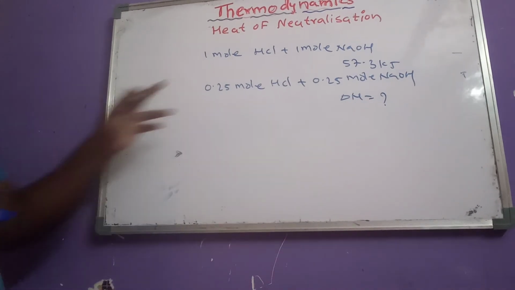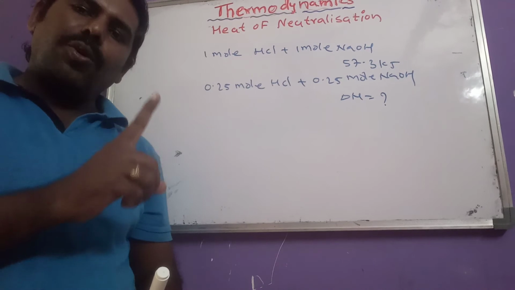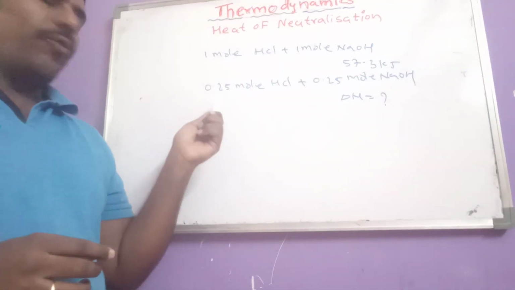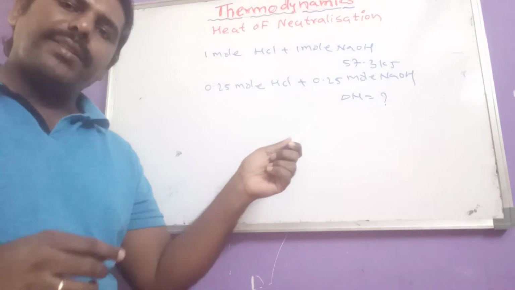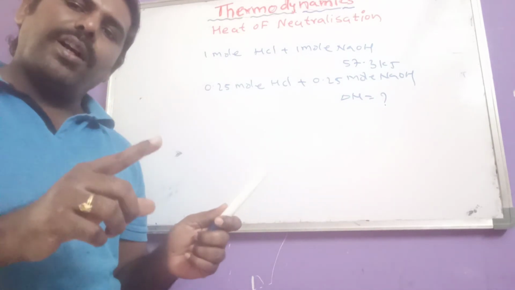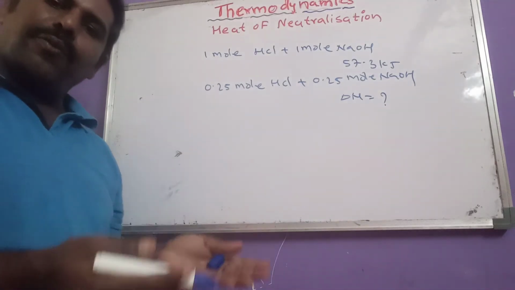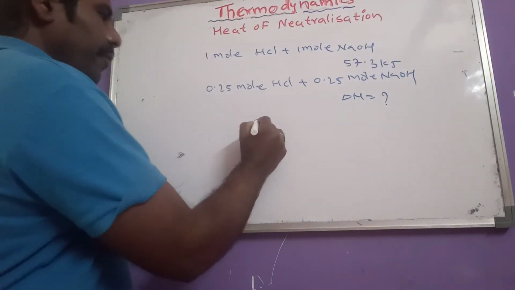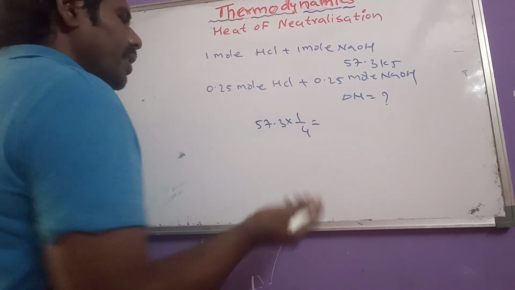When 1 mole HCl and 1 mole NaOH are used, we get 1 mole of water. But here 1 by 4 mole of HCl and 1 by 4 mole of NaOH means we get 1 by 4 mole of water. Therefore, delta H also will become 1 by 4 only. That means 57.3 into 1 by 4 kilojoules.